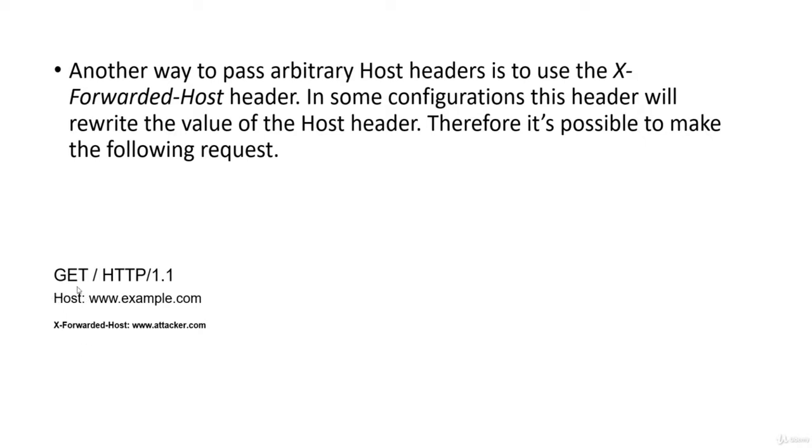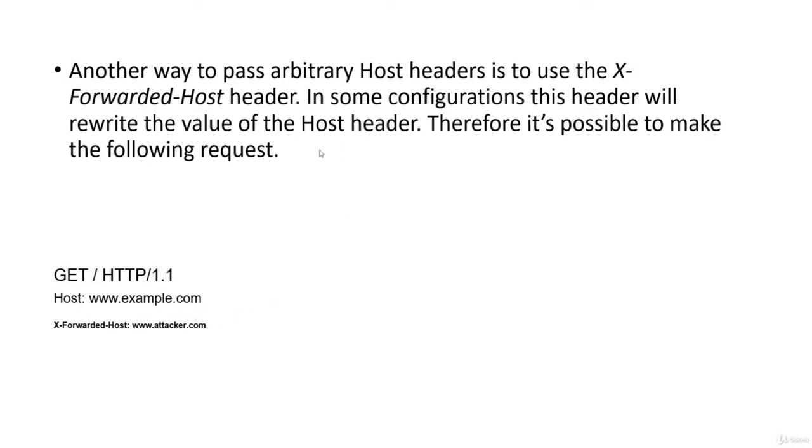We'll search for this Host parameter, and if it redirects to the new website that we mentioned over here, then there is a host header injection. And if there is no redirection, then you will inject the arbitrary host header here, which is named X-Forwarded-Host, and we'll mention the attacker's website or a malicious website or any other website over here.